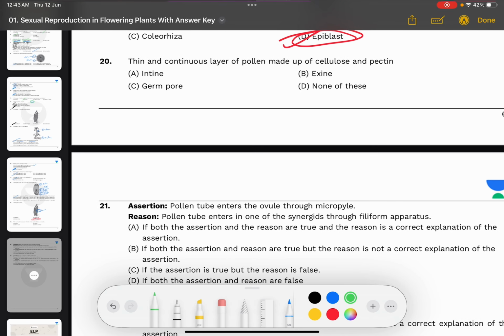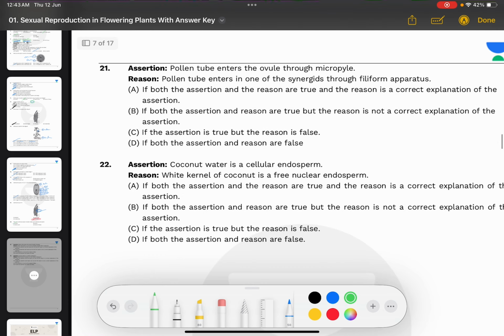Now starting with the green pen. Thin and continuous layer of pollen made up of cellulose and pectin. In time, pollen tube enters the ovule through the micropyle. Pollen tube enters one of the synergids through the filiform apparatus. True, filiform. Some grammatical error looks here.